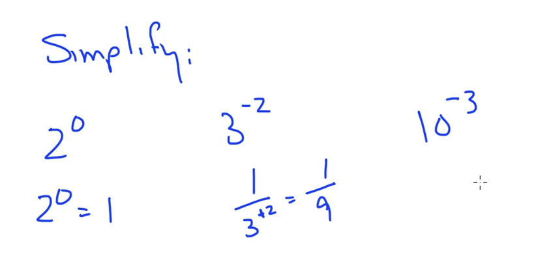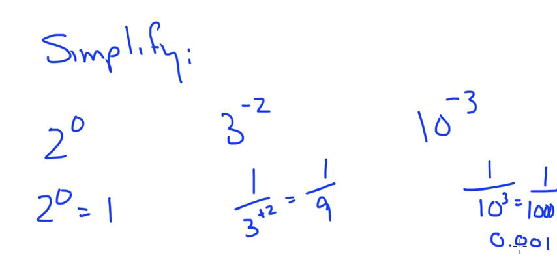So 10 to the negative 3 is going to be 1 over 10 to the 3, which is equal to 1 over 1,000. I hope that makes sense. Or in decimal form, it would be 0.001, because 1/1000th is the same thing as 0.001. Remember tenths, hundredths, thousandths place. So hopefully that makes sense for you.